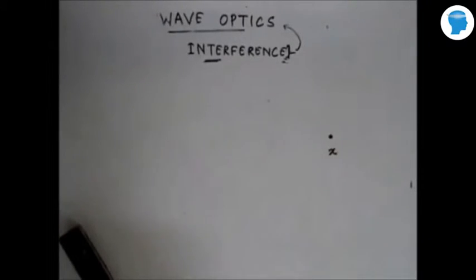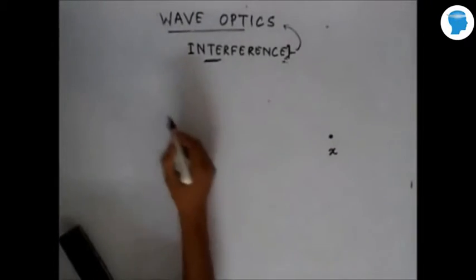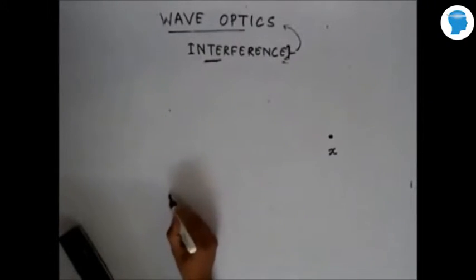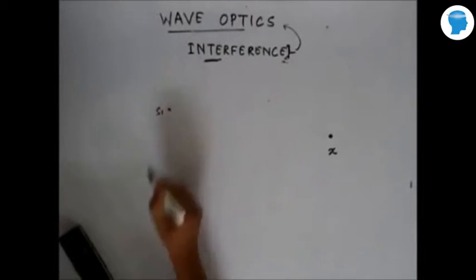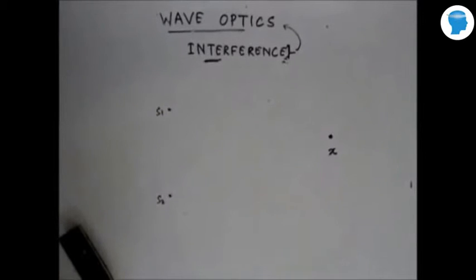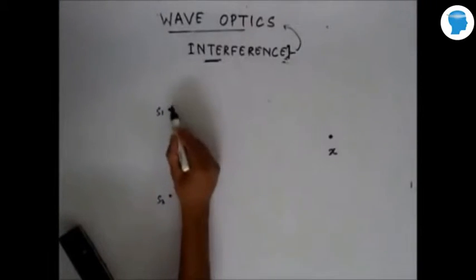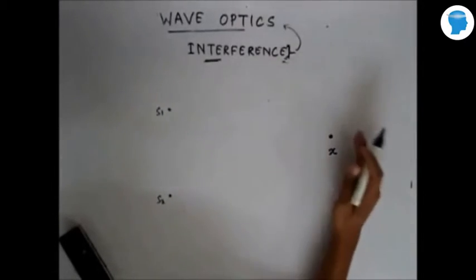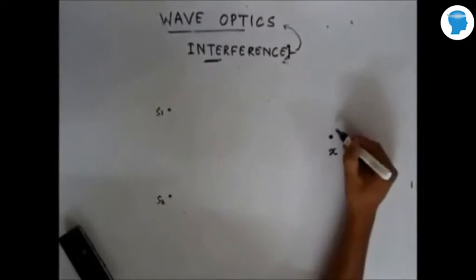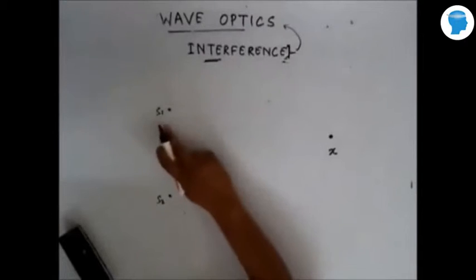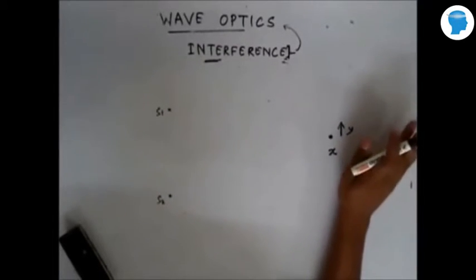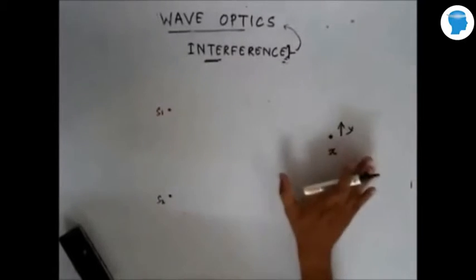Now let's say that I have a point x here, and there are two sources, s1 and s2. A wave is coming from s1. When the wave reaches here, because of s1 there's a displacement in the y direction, because a wave is basically a disturbance.